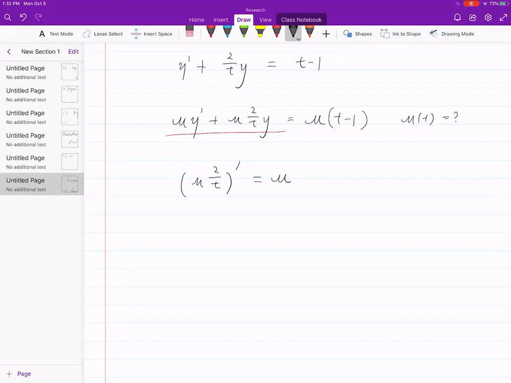Hold on, what do I want? What am I trying to do here? I times this one, I want this part to be the derivative of this part.